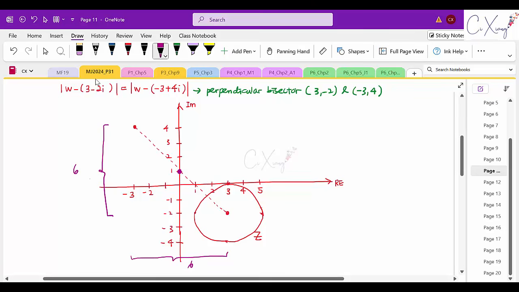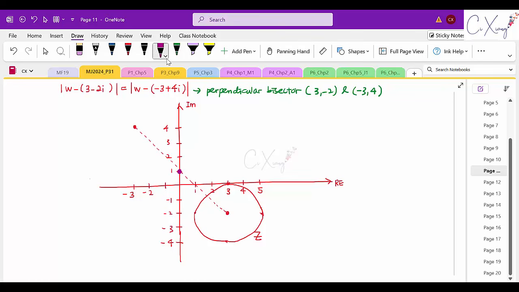And now I want to draw the perpendicular bisector. I know this is the midpoint already. Perpendicular bisector means that you want to draw a line that's 90 degrees with this dotted line. So 90 degrees means something like this. Because it is a perpendicular bisector, the original distance is 6 units for the x and 6 units for the y, so the perpendicular bisector is also the same.